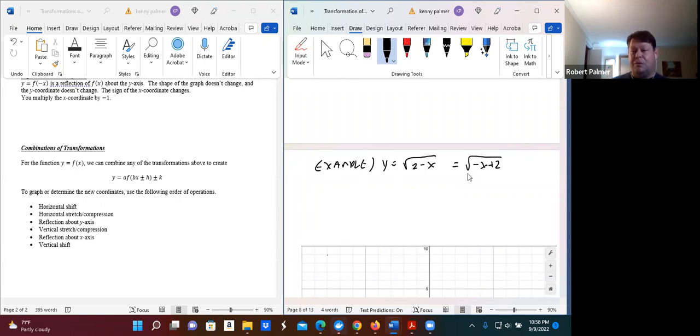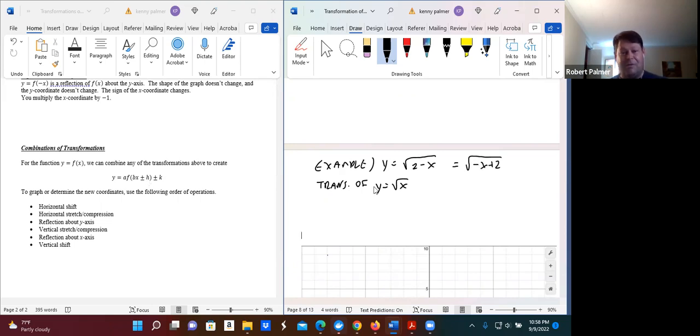And once again, remember what this number here is. Inside, essentially, this is like inside the parentheses in a sense. And also, we're starting with, this is the transformation of y equals the square root of x. So that basic graph. Let's start from there. So the plus 2, that's going to be a horizontal shift.